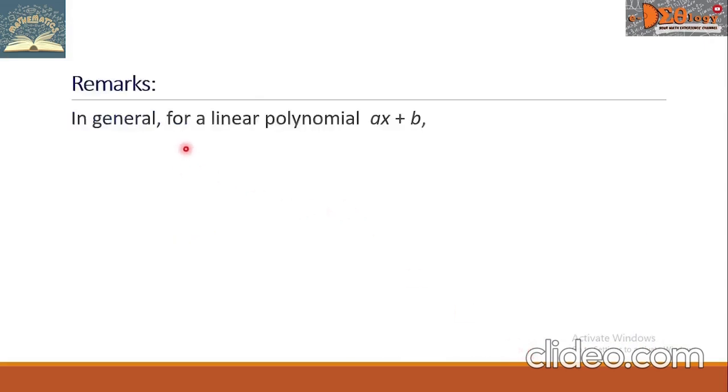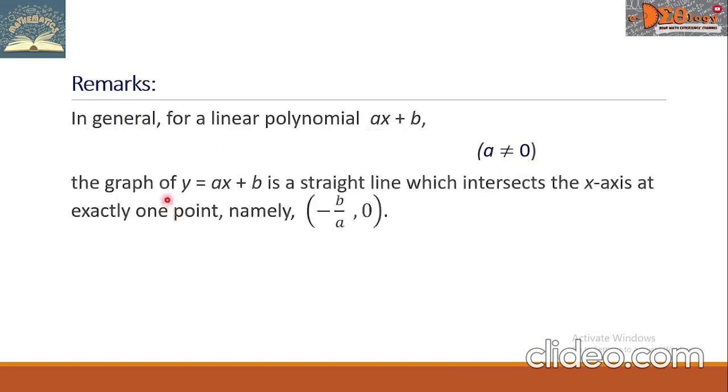Remarks: in general, for a linear polynomial ax plus b, where a is not equal to 0, the graph of y equals ax plus b is a straight line, which intersects the x-axis at exactly one point, namely negative b over a, 0.